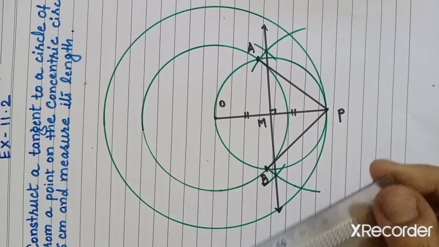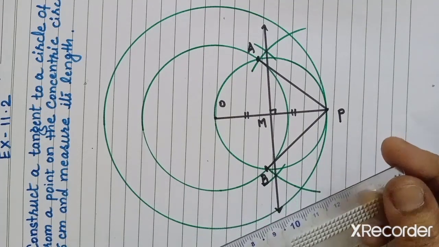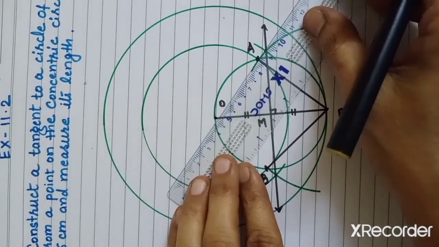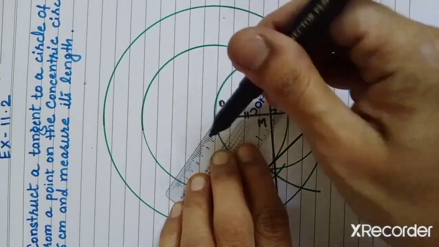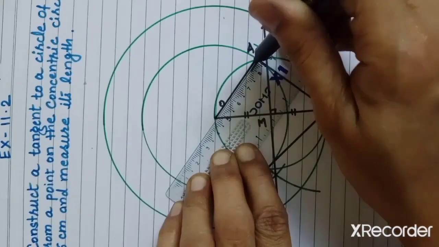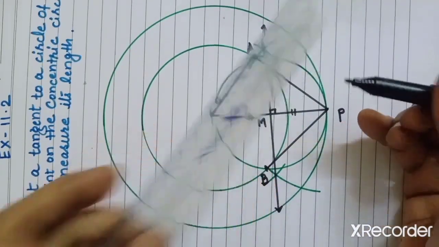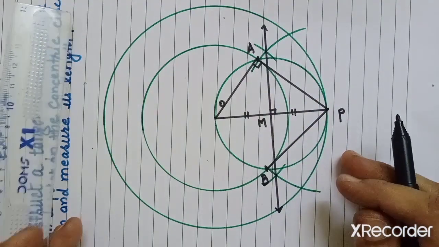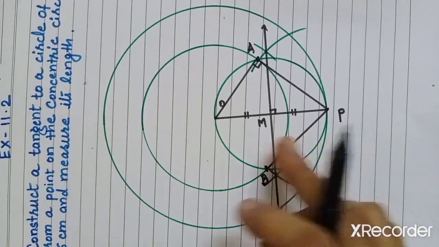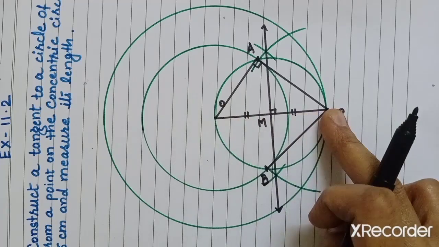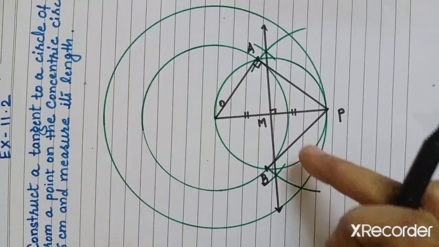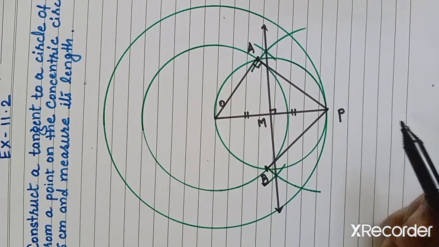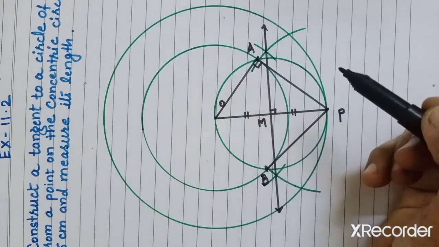Now if you want to give the justification, it is this: if I join this center with point A, then this angle will be 90 degrees. Why? What is the reason? Because this OP is the diameter of this circle and a diameter subtends a right angle on the circle. So this angle is 90 degrees.